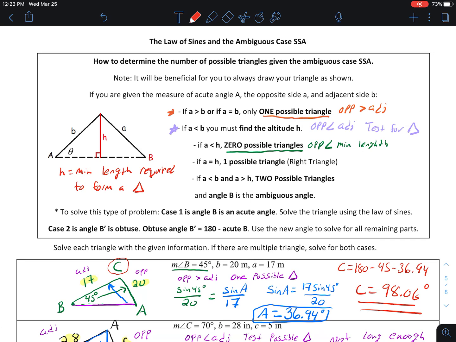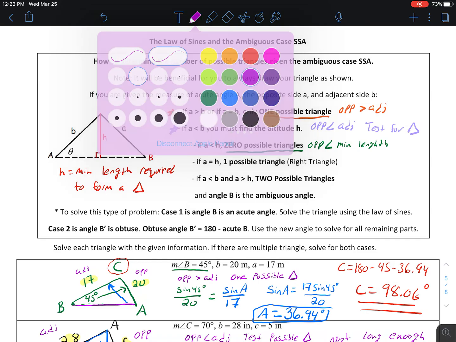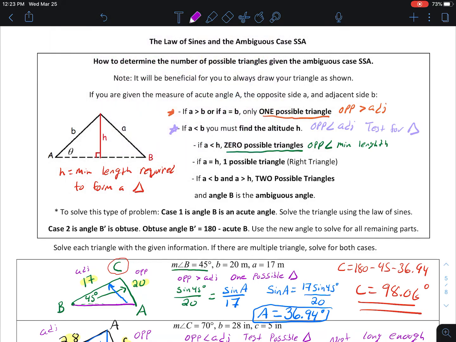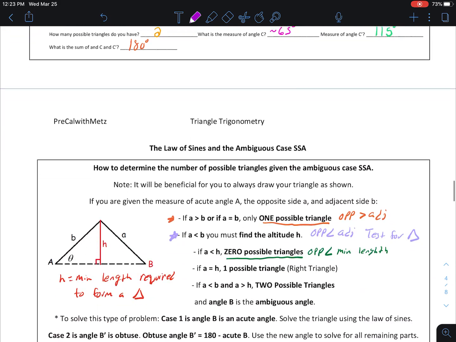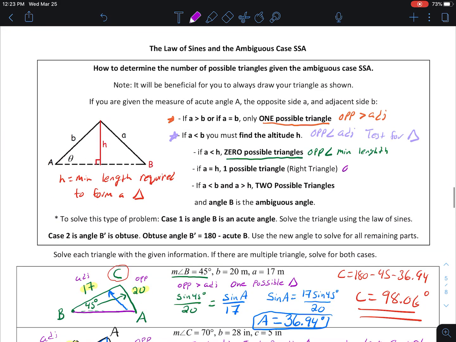If the opposite side equals H, one possible triangle, and I did that right up here, that's that purple arc that formed a 90. So if the opposite side equaled H, one possible triangle, and it forms a 90. You don't really see that one too often, but that would be what would happen.